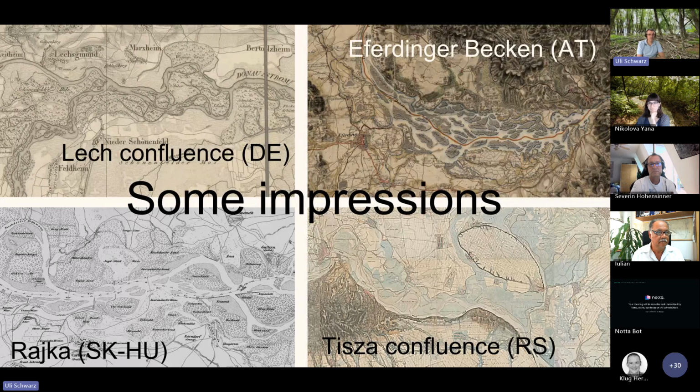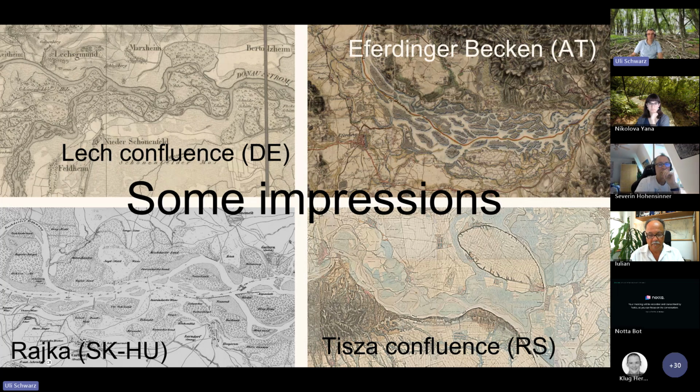Maybe on this start screen, you can see in the upper left part the Lech confluence. Maybe it's possible to see also my mouse. So the Lech is a mountainous, even braided river, joining the small Danube coming from the Black Forest, merging together into a new river system.